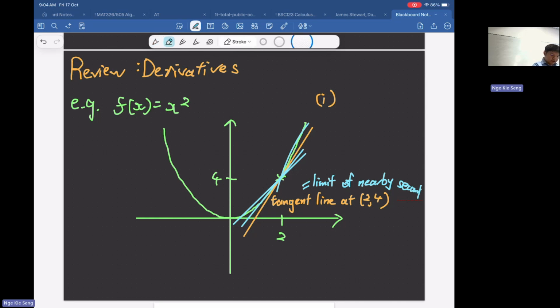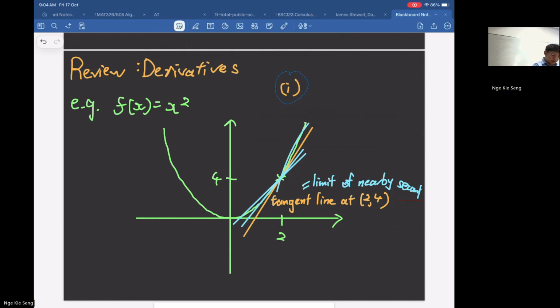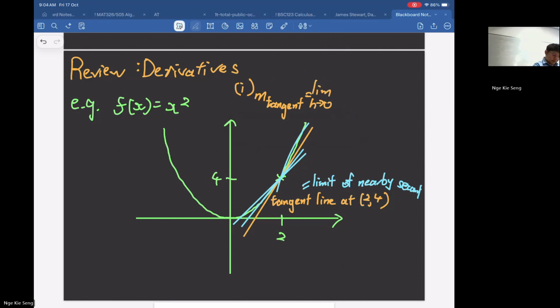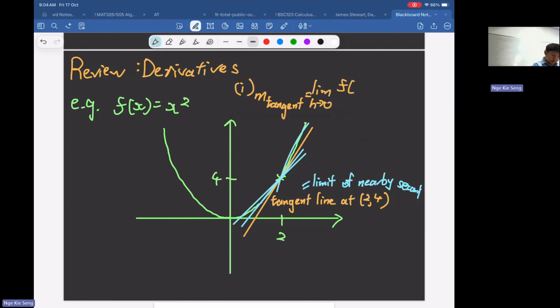So this translates to the formula for the gradient of this line. So m tangent is the limit where h goes to 0 of the difference f(a plus h) minus f(a), over h.